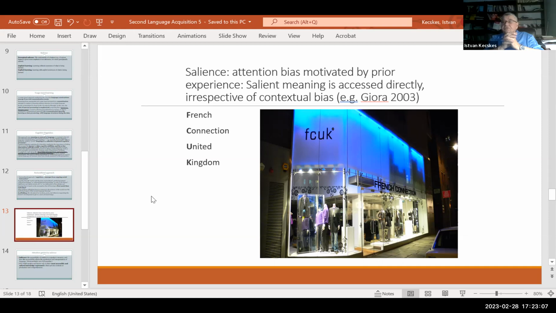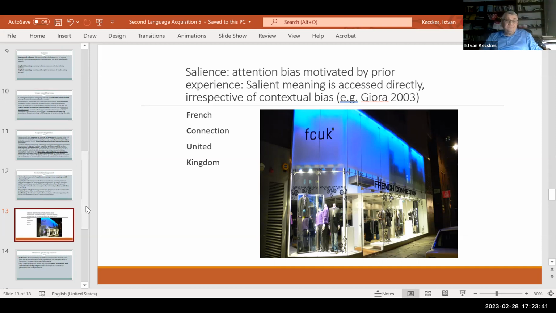She's alive and she's doing fine, but dementia is something terrible. She was the first who talked about this issue, that salience is something that is accessed irrespective of contextual bias. What she says is that it doesn't matter what context you are in, you cannot ignore salience, what comes to your mind first.